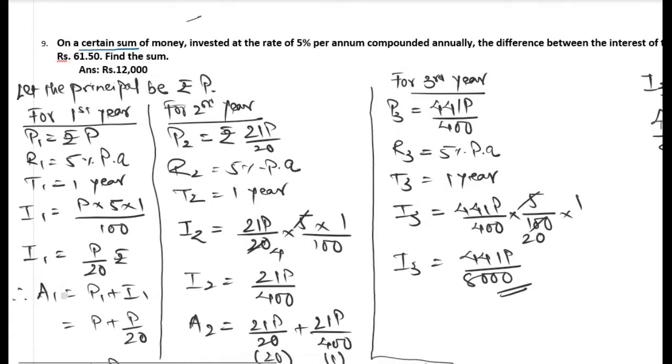Whoever was there with me in 8th class, in class 8th only I was insisting on using the method of X. So this is the same method. In the place of principal I'm not using 100, I'm using P, which is a variable. I can as well use X and get the same answer, and directly you get the answer of P, right? It might seem a little confusing in between, but it is a good method of solving, right?